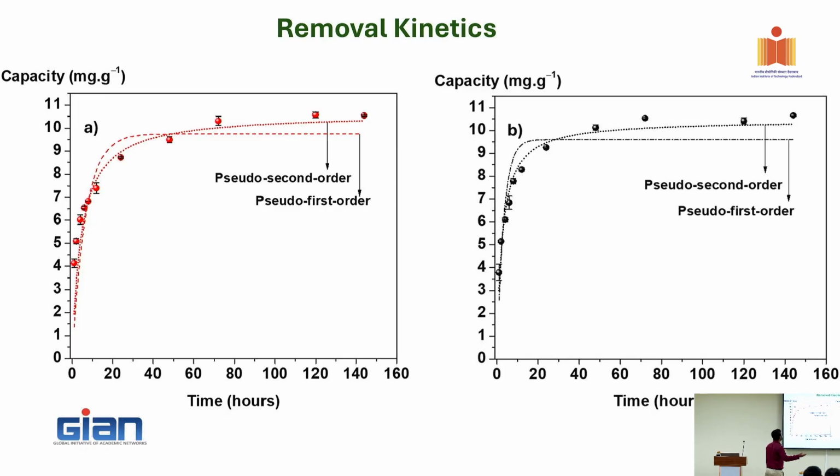From 24 to 48 hours onwards, it remains stable at a capacity of 10 or 11 milligrams per gram, which is for the synthetic urine. That means our system is working. It is able to remove all the gadolinium from the urine, and it behaves well in both real and synthetic urine conditions.